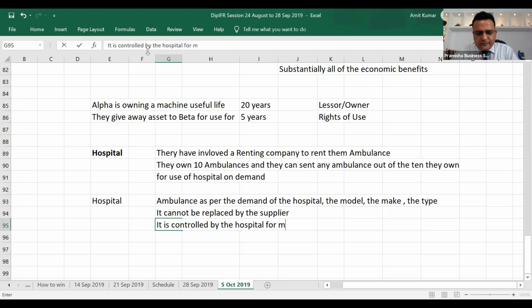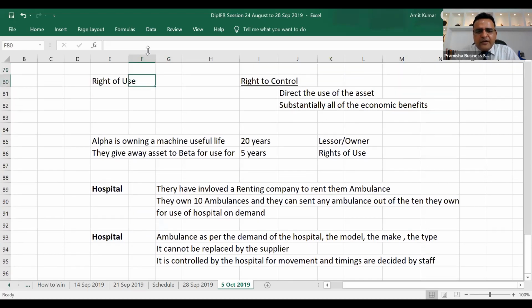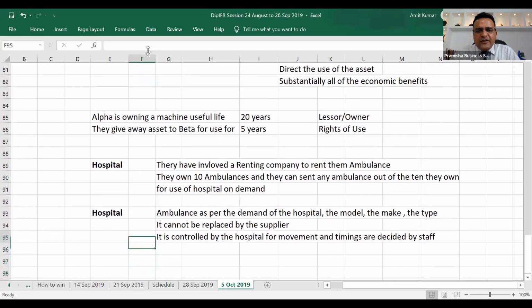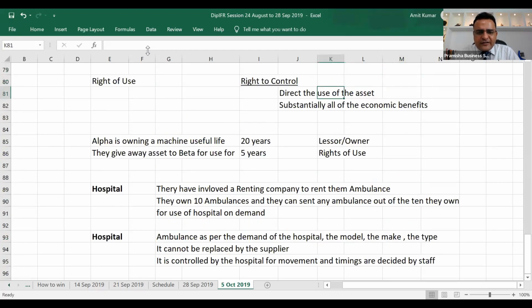Movement and timings are decided by its staff. This is a right of use asset. It is being controlled. Substantially all of the economic benefits will be received by the hospital, and they have the right of directing the use of that asset.